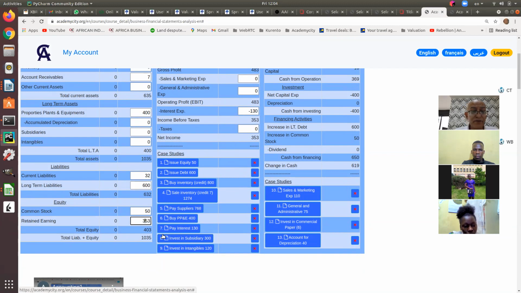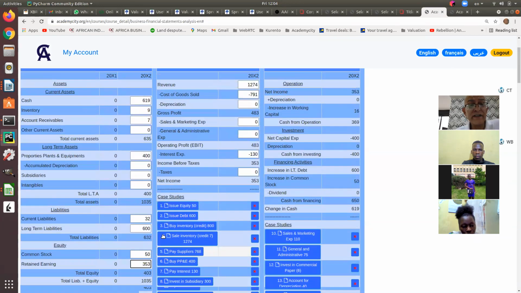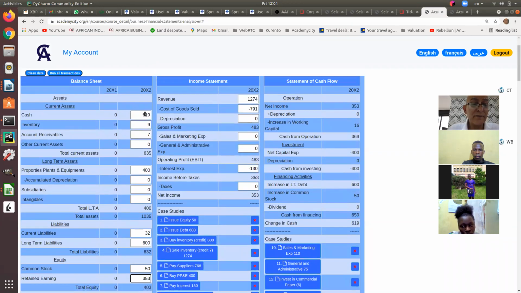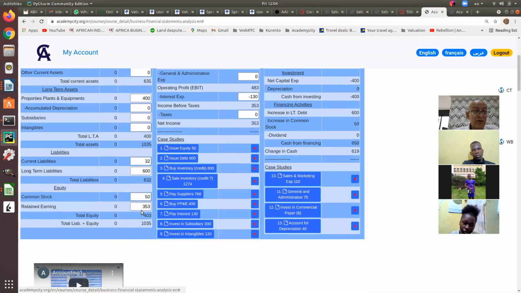So this is the beauty of the accounting. When the cash goes down because I'm paying the bank, that means my profit goes down by 130. And we said that the bottom line always goes down to the equity. This is going to go down by 130.